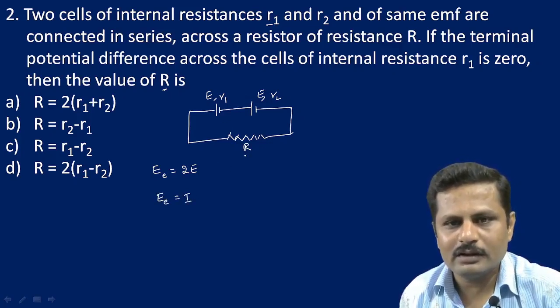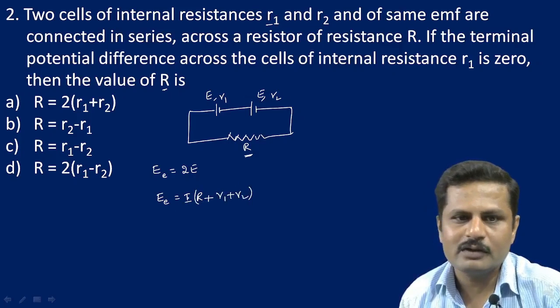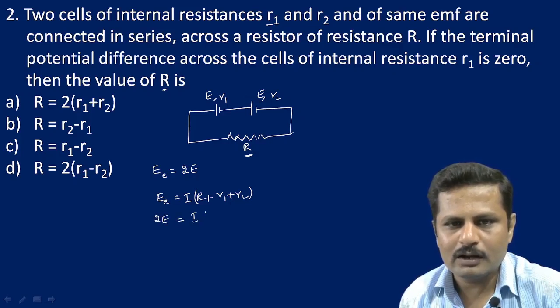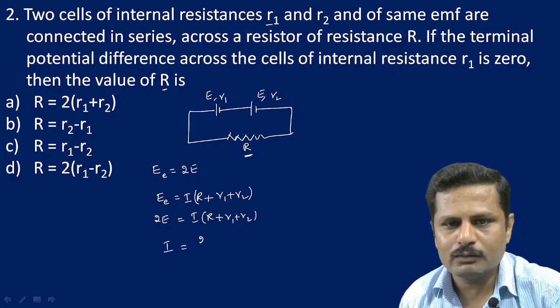Here the effective resistance is R plus R1 plus R2. So we can write 2E equals I times R plus R1 plus R2. So I equals 2E divided by R plus R1 plus R2.